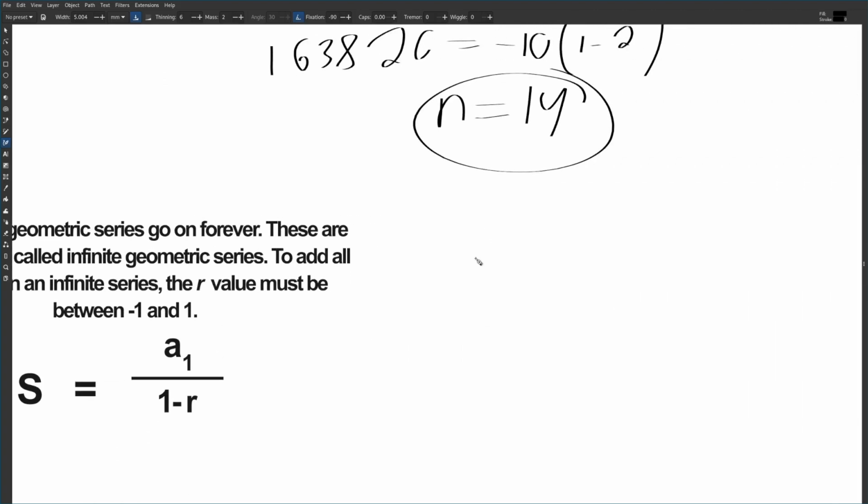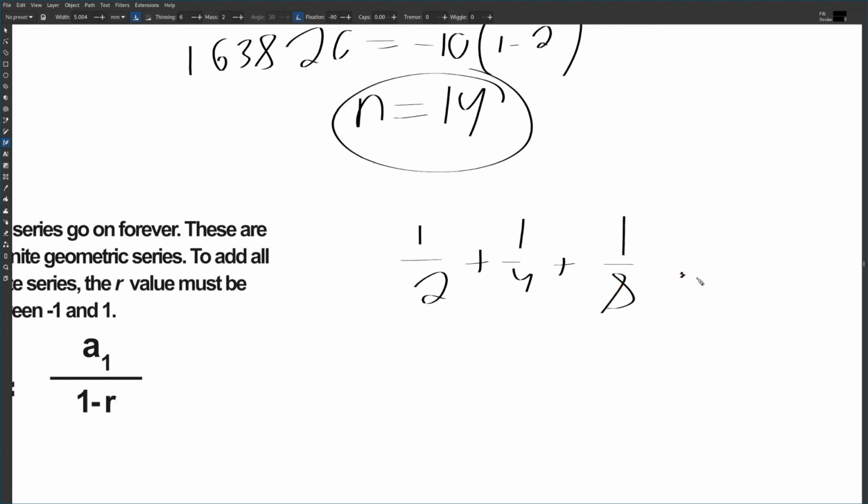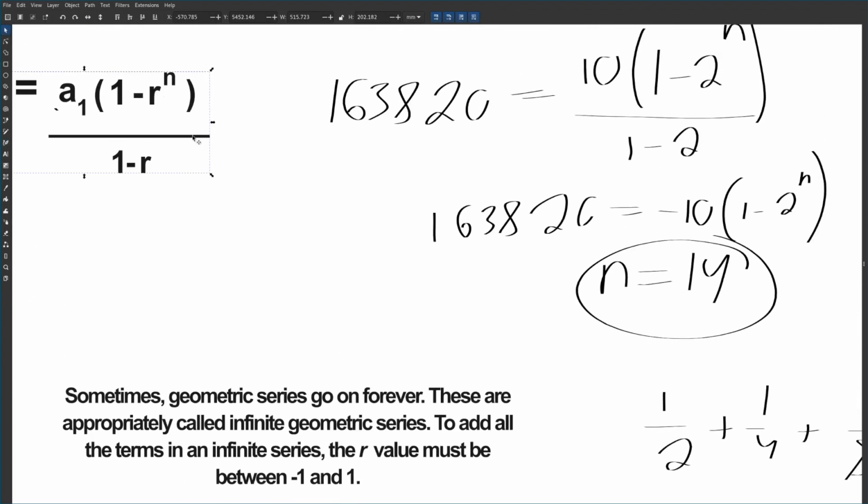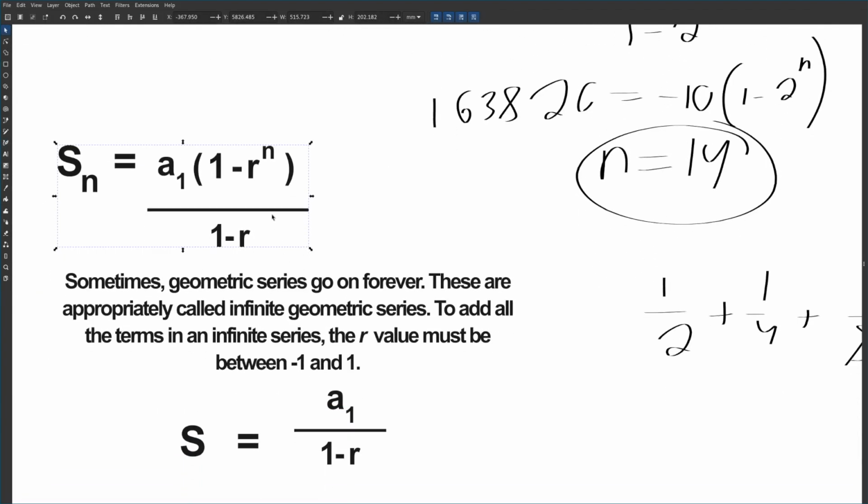Sometimes, not always, you have some that are like 1/2 plus 1/4 plus 1/8 and on forever. How would you find the sum of these? Let's take this formula for comparison.